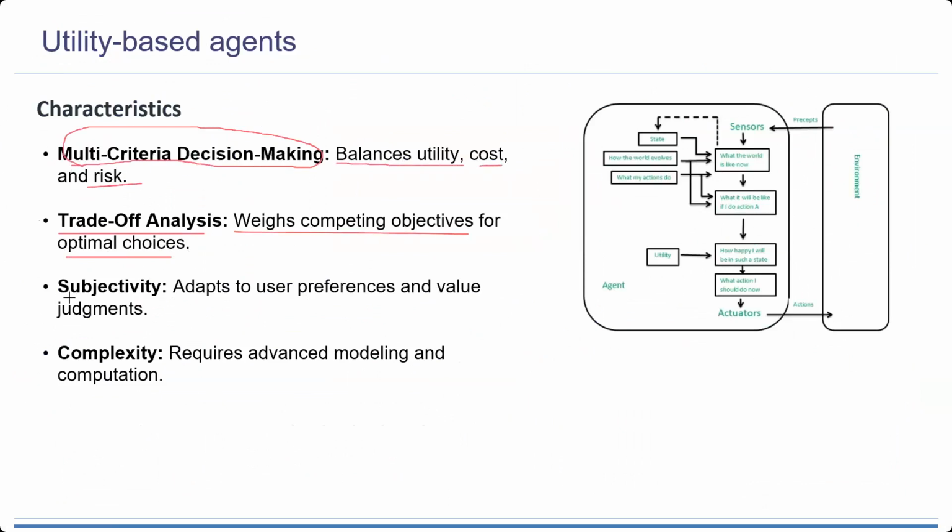And it is very subjective, because every person will have their own preference and their own value judgment. And complex: you need to make the model, and you need to understand the computation. So this is a very advanced one.